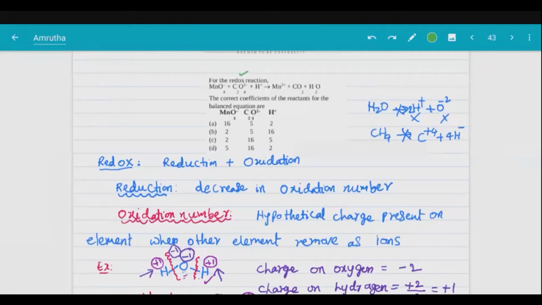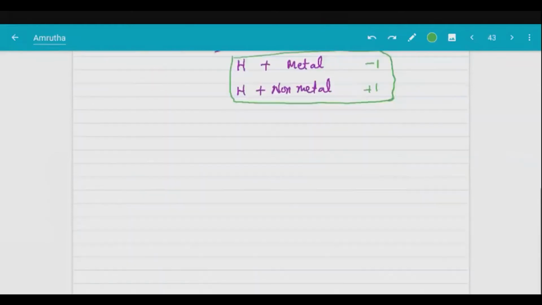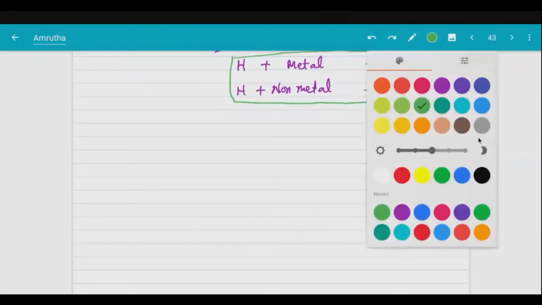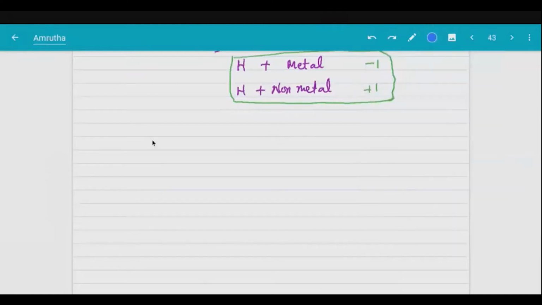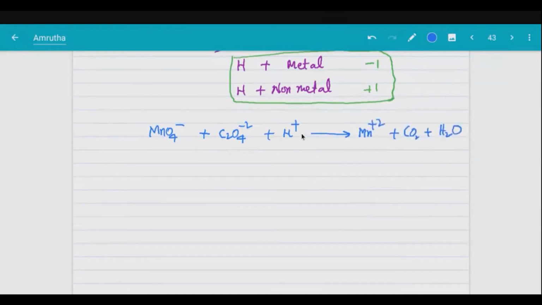So I'm writing this reaction again: MnO4 minus plus C2O4 minus 2 plus H plus gives Mn plus 2 plus CO2 plus H2O. This is our reaction. First let us find where is oxidation, where is reduction.